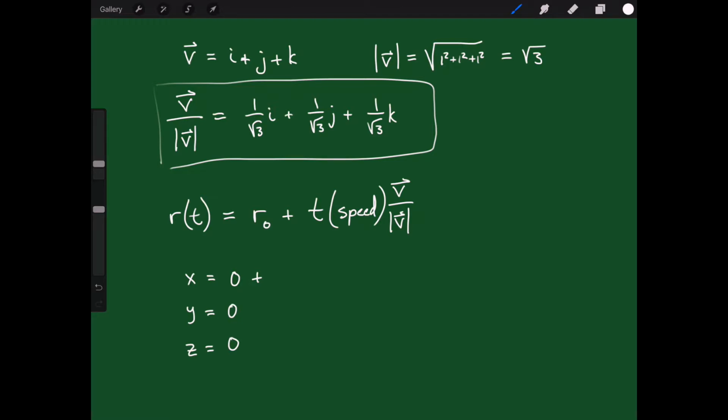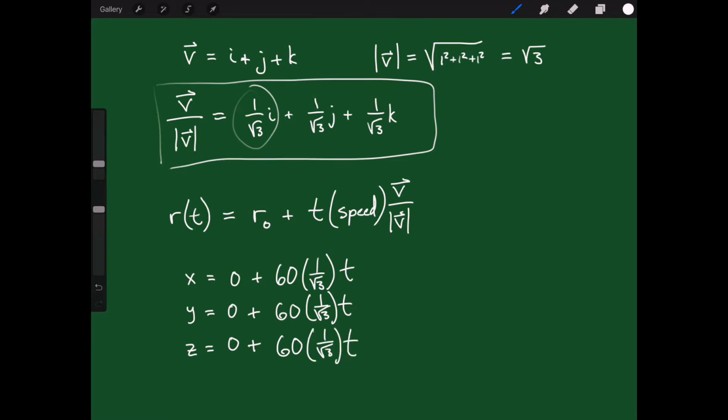It's 60, and so I get 60 times the i component of my unit vector, which is 1 over the square root of 3, times t, plus 60 times 1 over root 3 times t, plus 60 times 1 over root 3 times t.